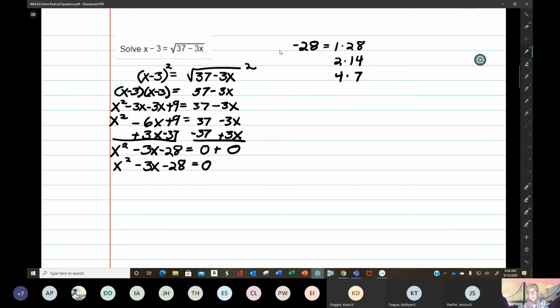Well, the way you get a negative number is you multiply a negative number times a positive number, or a positive number times a negative number. So here I'm going to make the first numbers negative and the second numbers positive, or the first numbers positive and the second numbers negative. 28, 14, and 7.